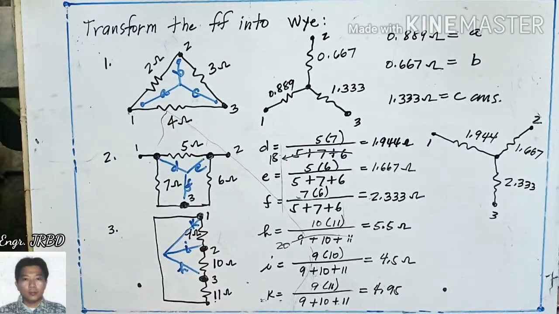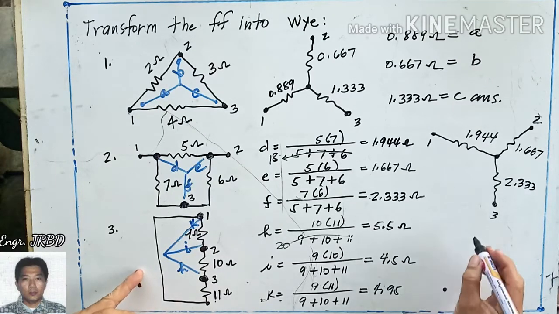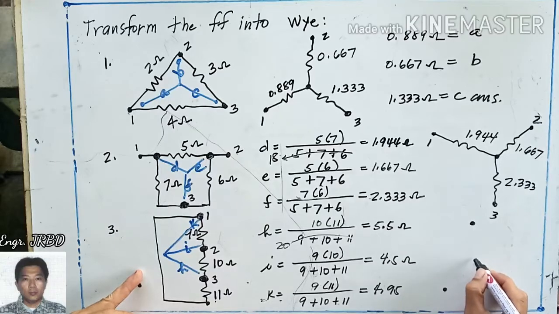Okay, so if the equivalent circuit is redrawn, it will look like this: terminal 1, terminal 2, and terminal 3.